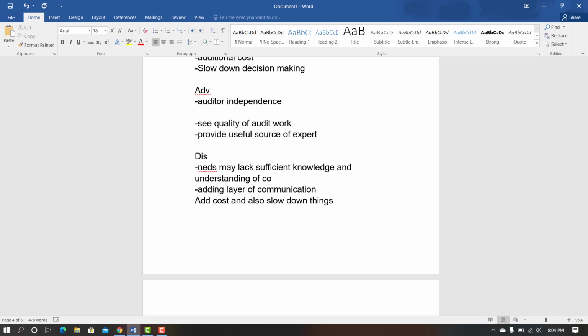So what is the main role? We have discussed it, but the main role of the Audit Committee is to communicate with the internal auditor and external auditor on audit matters.